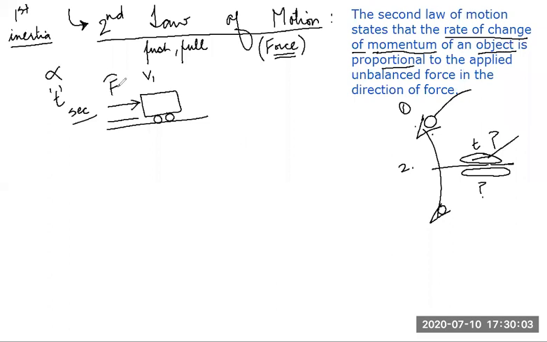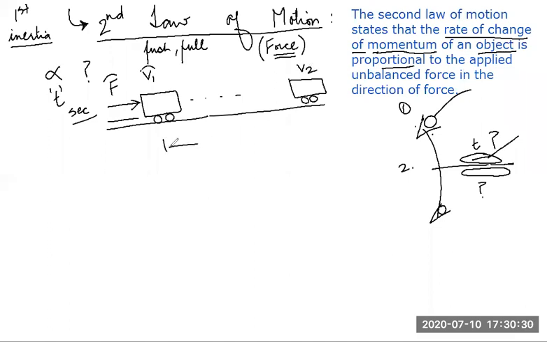Now, this force applied, we want to calculate how much force we have applied. The initial velocity was v1, and as a result of your application of force in time t, this has moved to this, and the final velocity is v2.